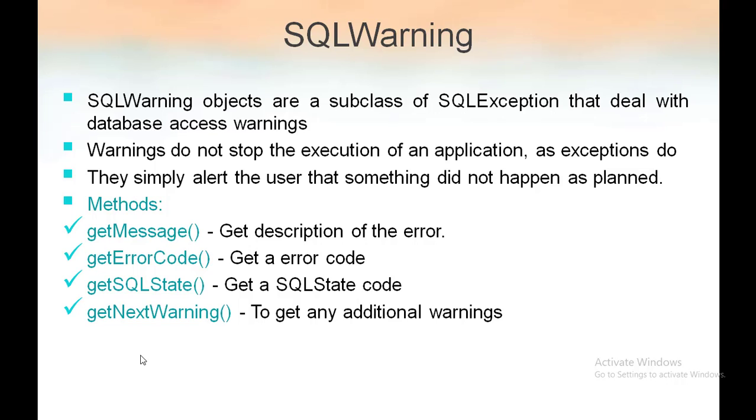SQLWarning class. SQLWarning objects are a subclass of SQLException, and are used to deal with database access warnings. If we get an SQLException, it will stop the execution of the application. But if we find a warning, it will not stop the execution of the application.